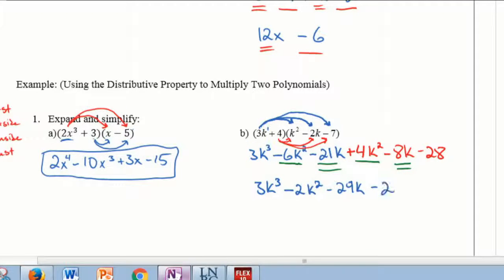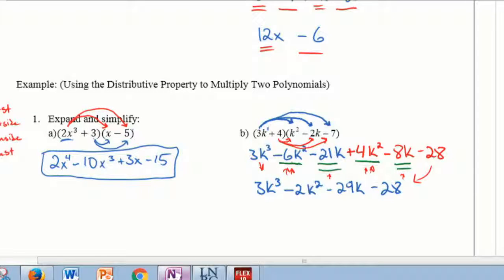And then I have this negative 28. So essentially the 3k cubed just drops down, this 28 drops down, and then I've combined my k's here with my k's here, and my k squared, sorry, with my k squareds here.